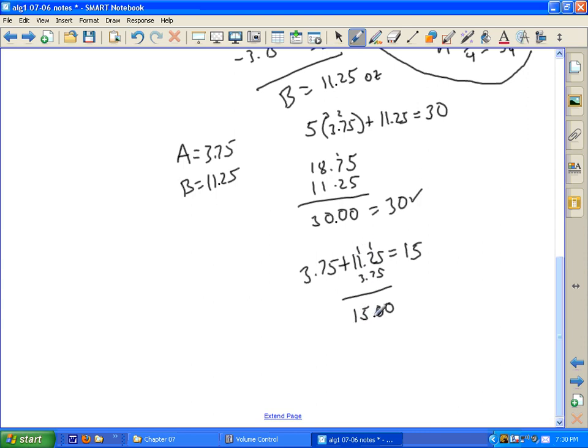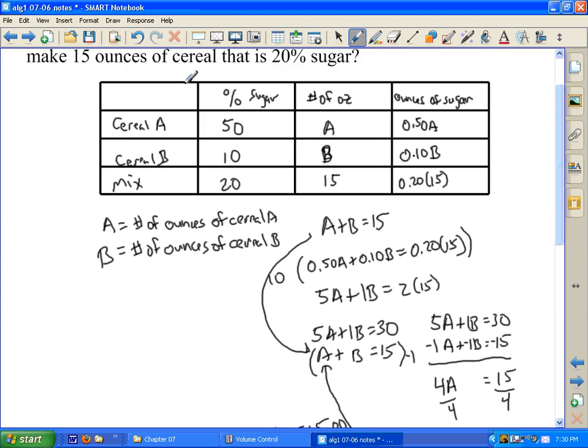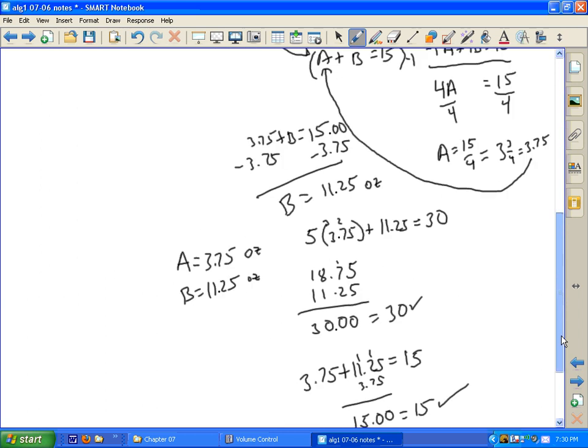And the decimal point goes straight down, so 15 equals 15, checks out in both equations. So our answer, 3.75 ounces of cereal A, 11.25 ounces of cereal B, combined to make 15 ounces of new cereal.